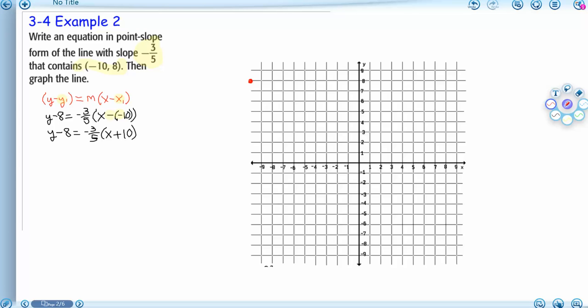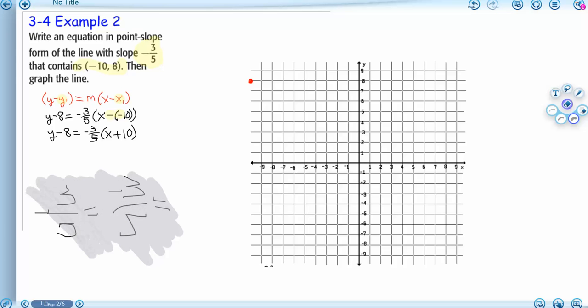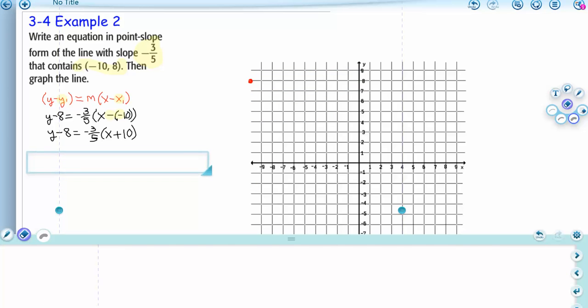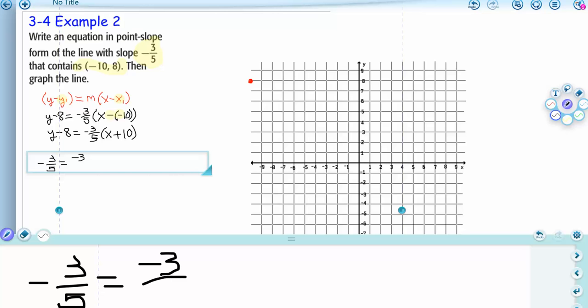And my slope is -3/5. Now, what I was explaining before, this -3/5 can be rewritten as -3/5, or 3/-5.